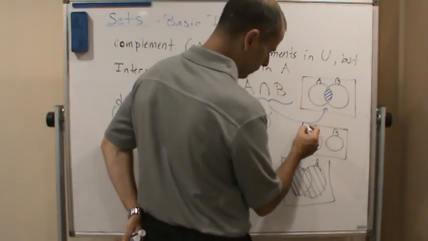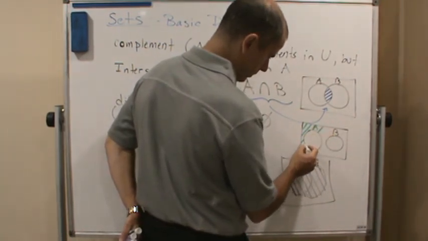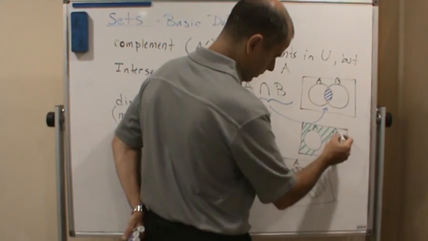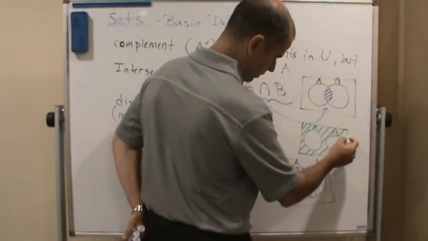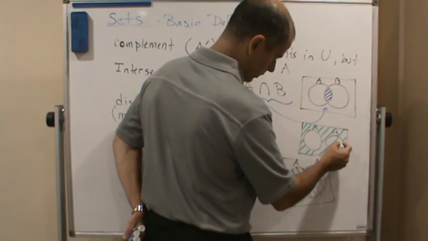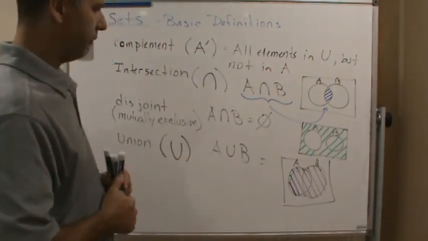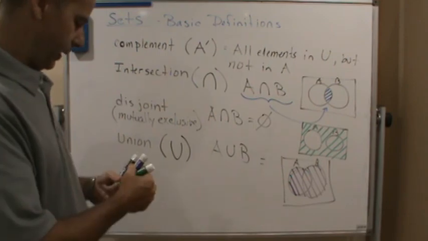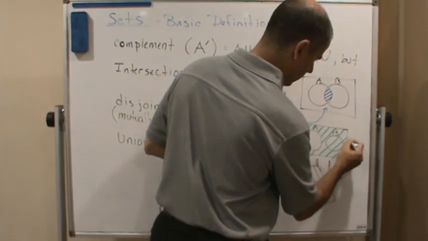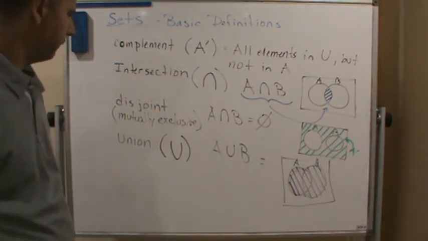A complement would be everything except A. So A prime is everything in green. And that's it.